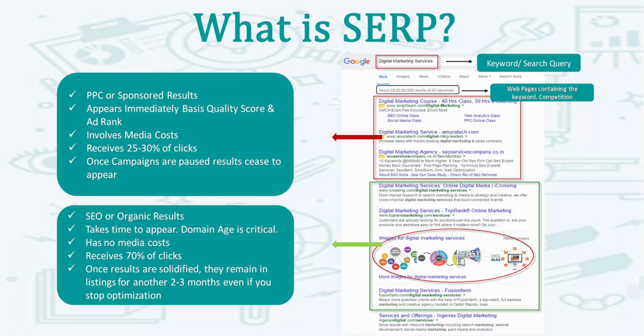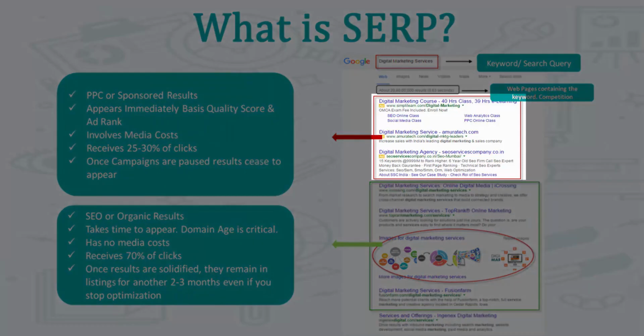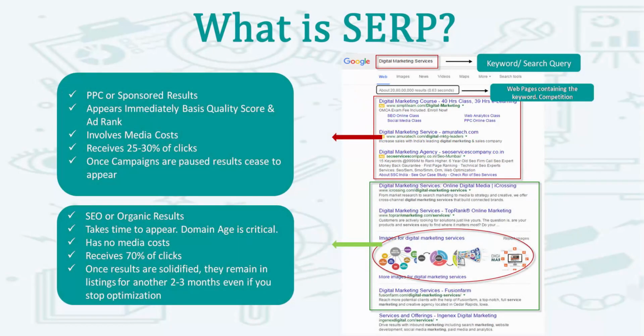Now, as we see, there are two boxes, one in red, one in green, the rectangles. The results that you see within the red rectangle are due to search engine marketing. So what is search engine marketing? Pay-per-click or search engine marketing within Google search happens when an advertiser wants to advertise his particular product through Google AdWords.